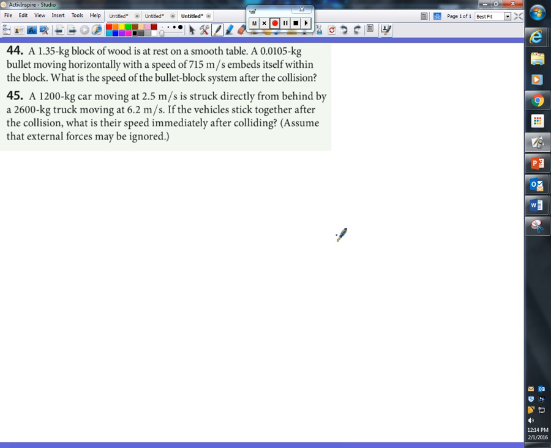Okay, so let's just draw this up here really quick. Small truck going at a low speed that way of 2.5 meters per second. And coming up behind it is a much bigger truck traveling at a much faster speed, 6.2 meters per second.